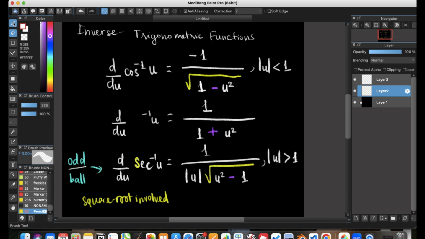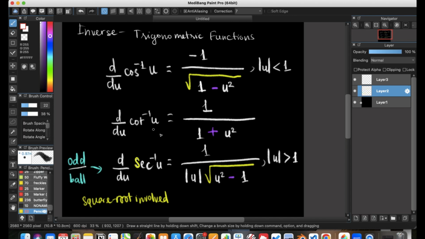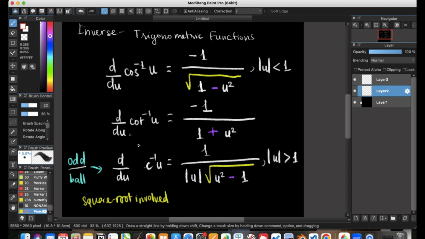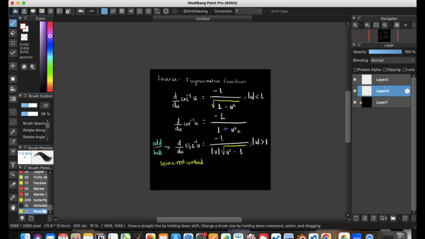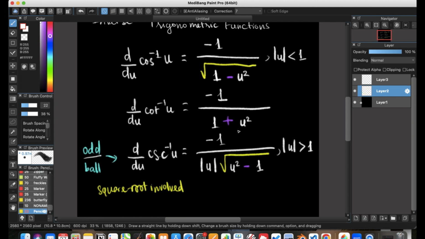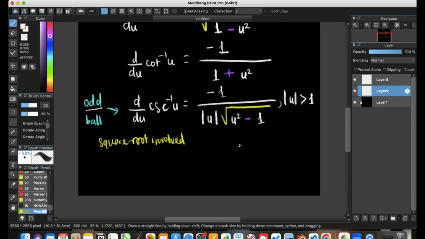For inverse cotangent u, add a minus sign, and for inverse cosecant, I'm going to add a minus sign, and it's just that easy. Okay, so that's how we memorize it, and now let's take a look at an example.